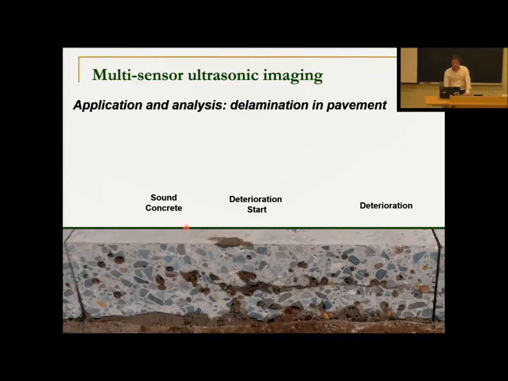So we put the footprint of all the arrays on the top surface, and let them fire. On the left, we have a full thickness slab. On the right, we have a full crack here, deterioration, and it ends right about in the middle, right?